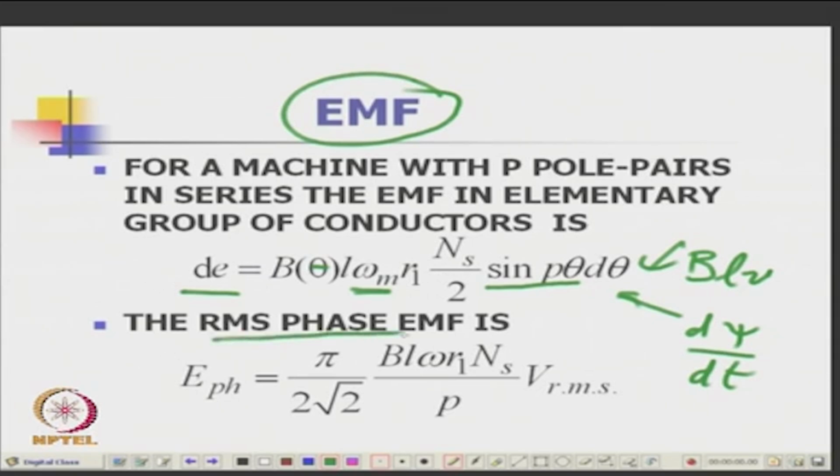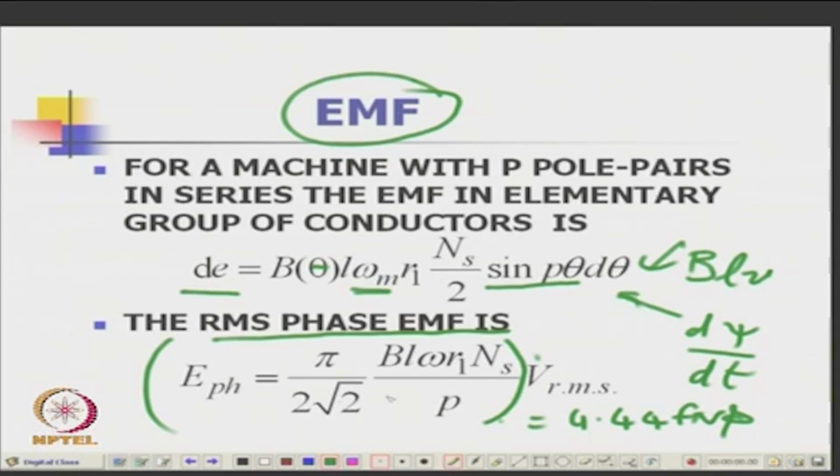The RMS phase EMF, as you are aware, is 4.44 f N phi, where phi is the flux per pole.